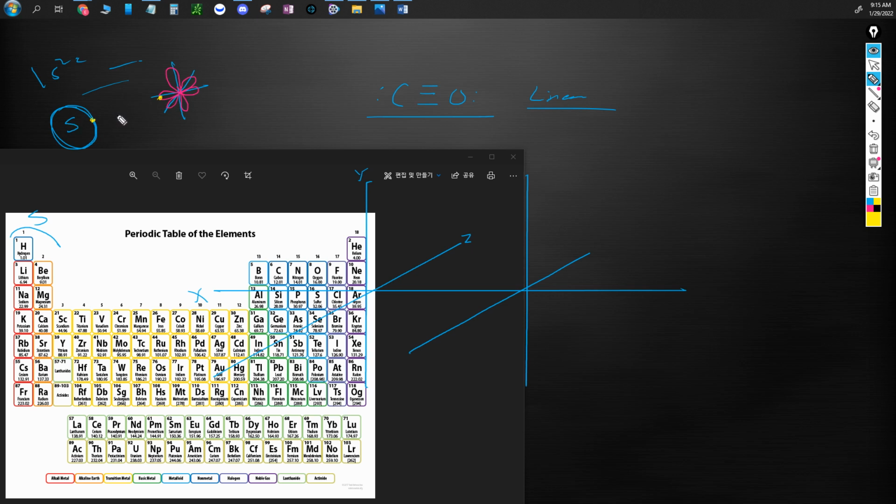We call that hybridization. So when there is an overlapping of an s orbital with a p orbital, we call that sp hybridization.